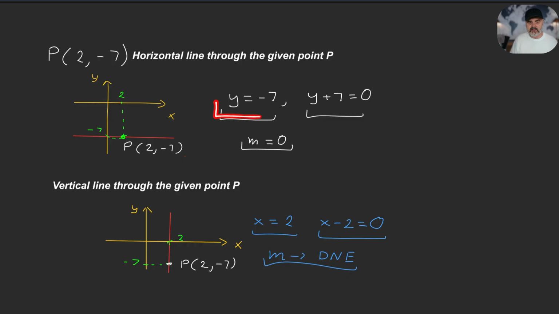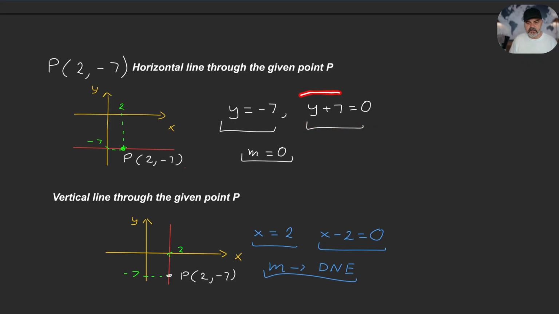So you would say y is equal to negative 7, or thinking of the standard form, y plus 7 is equal to 0. This standard equation of a line would be more readily understood as the equation of a line, or a linear equation. When you say y is equal to negative 7, you would have to support it with the statement that this is the equation of a horizontal line passing through negative 7 on the y-axis, and any other point also shares the same y coordinate.